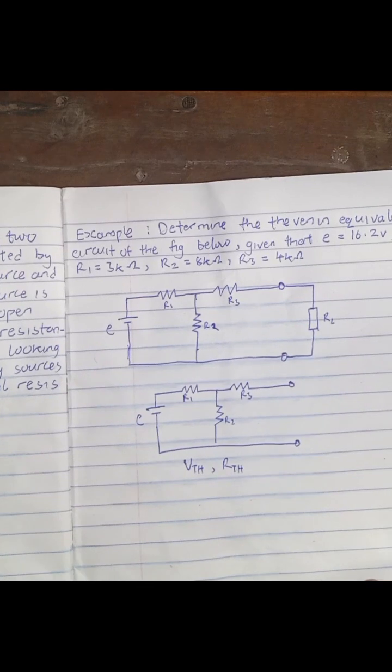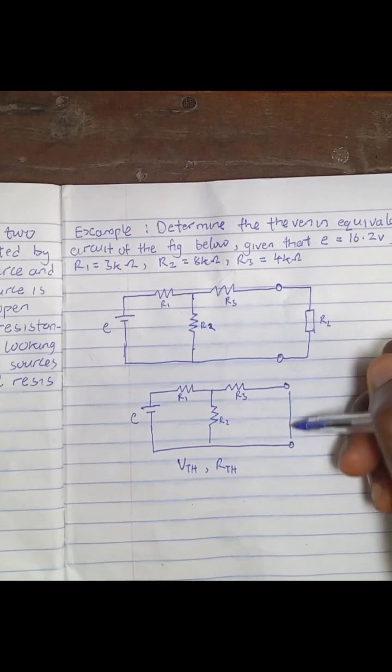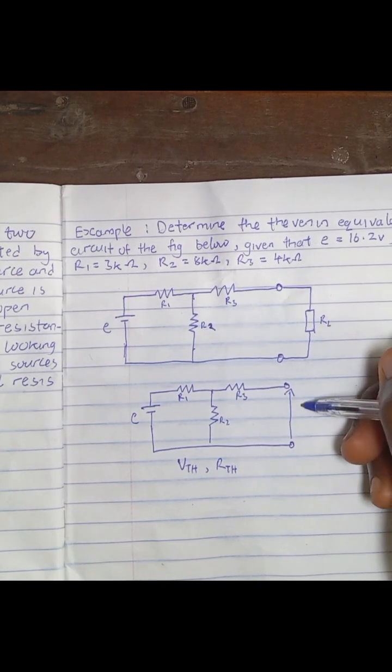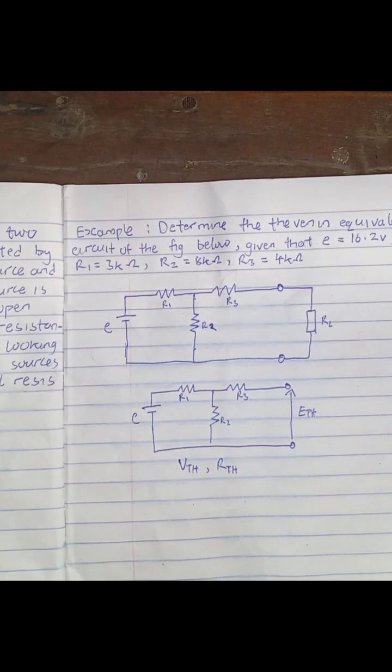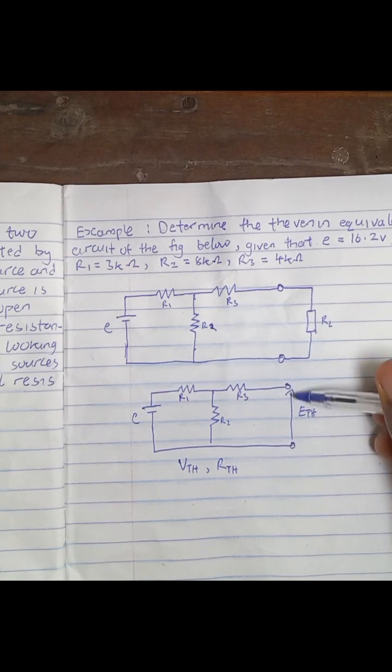So to find the Thevenin voltage, as I said from the theorem earlier, it is the voltage that appears across the open circuited terminal, ETH. It is the voltage that appears across this open circuited terminal.